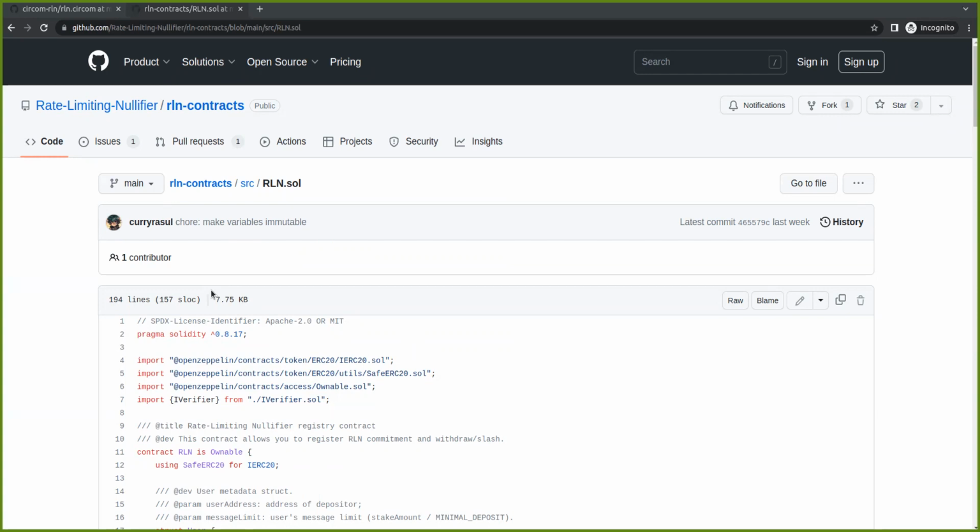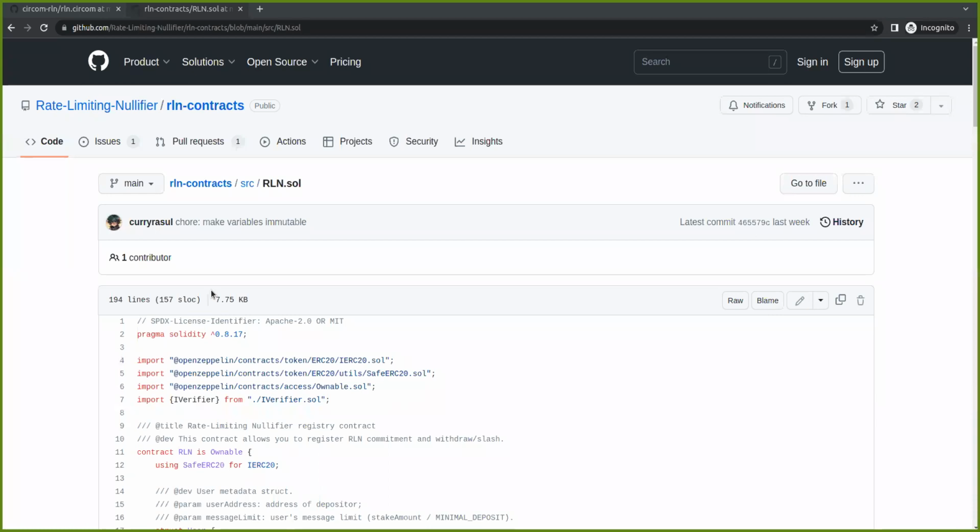If, for example, the RLN membership set has too many people, it won't be possible, at least in one transaction, to update all message limits. And then each node will have to reconstruct the Merkle tree with new rate commitments or something like that.